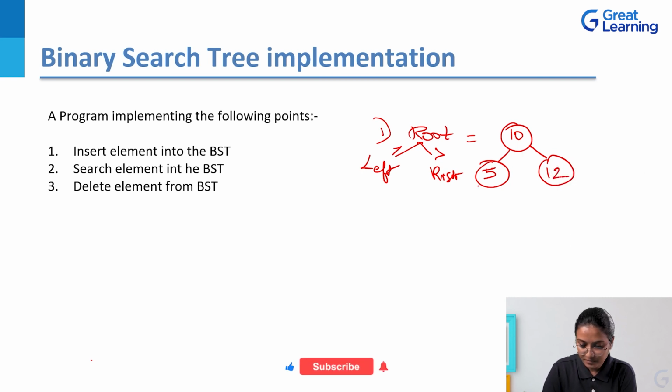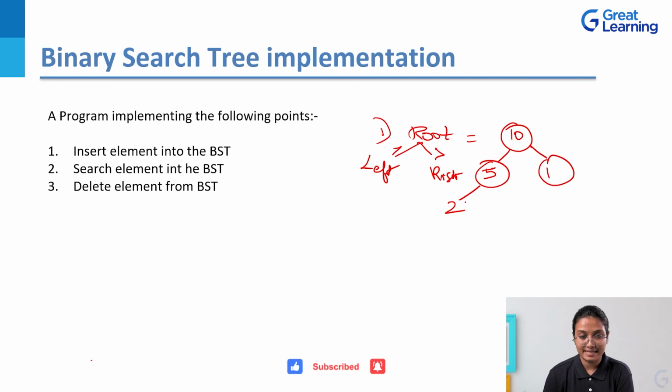Then after that, if you want to continue to the next level, you have to follow the same condition. For now, just for reference, 5 is the root node. Anything lesser than 5 should be towards the left side. Anything greater than 5 should be towards the right side.